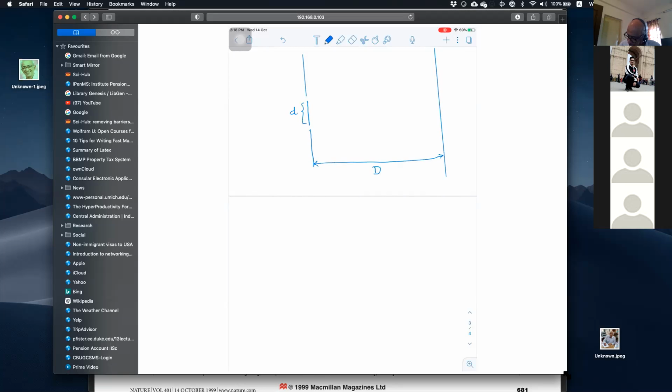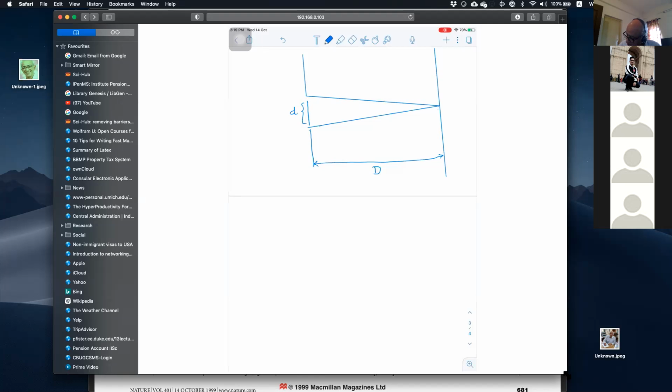Now, if you think of waves traveling like this, is that fine?